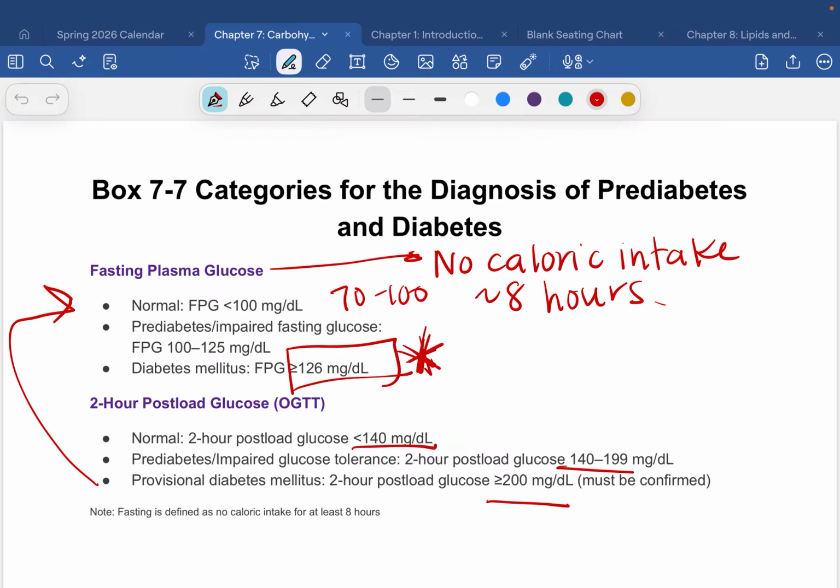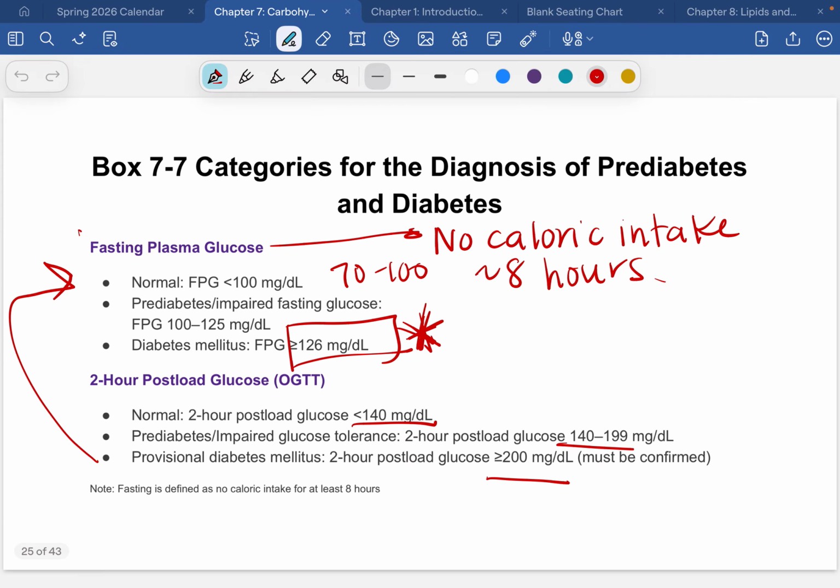There are two major tests used in the diagnosis of diabetes. The first one is the fasting plasma glucose.